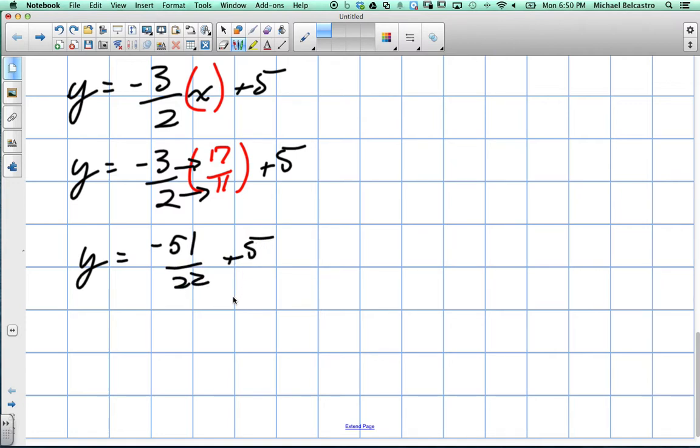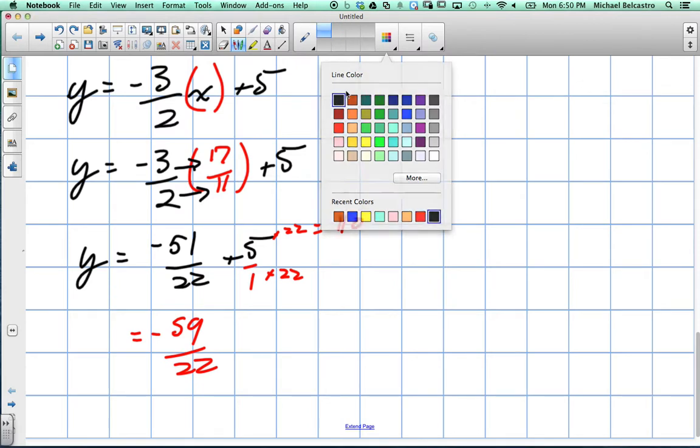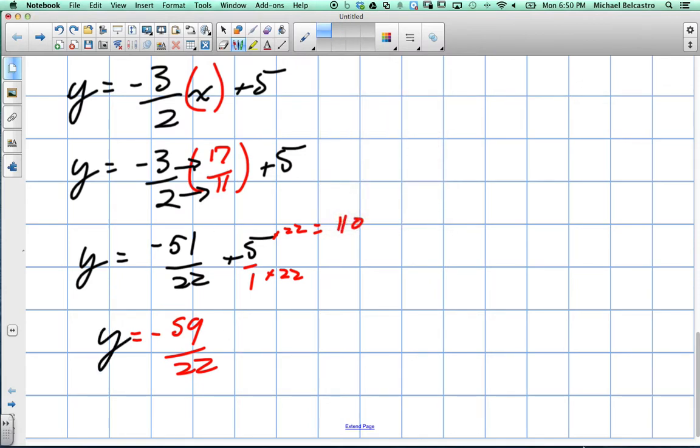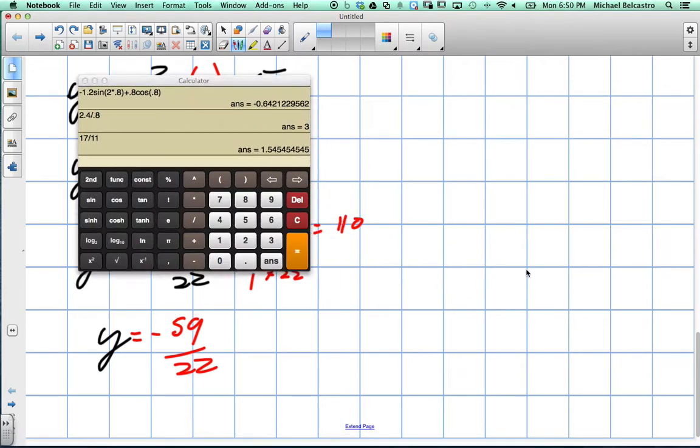Again, because it's fractions, these are really nasty numbers. I'm going to quickly do this. 22 is going to give me 10, 11, so I have 110 minus 51 is, if that was 50, it'd be 60, 59. Negative 59 over 22. Again, brutal number in terms of fraction, because I don't really know what it means, but I'll turn it into a decimal so the coordinate makes sense.